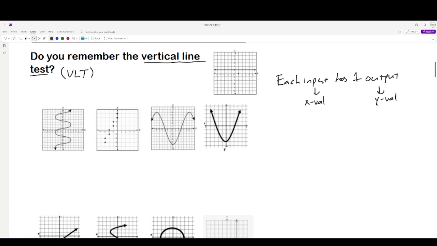When I look at the X value 1 and I look at what the Y value is, it's 1. When I look at the X value 3 and I look at the Y value, it's 1. I'm looking at this graph here if you couldn't see, sorry. And I look at the X value 5, the Y value is 1. So each time I pick an X value, there's only a single corresponding Y value that is the output.